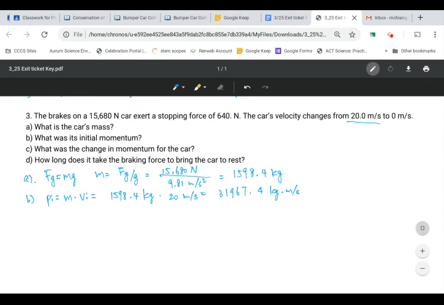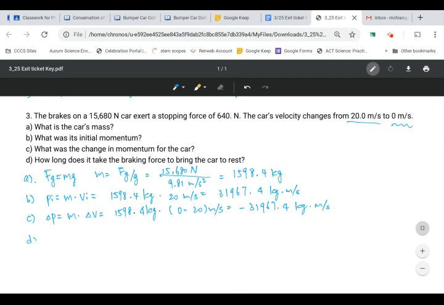What was the change in momentum for the car? C. The change in momentum, so delta p, is mass times delta v, which is 1598.4 kilograms times, okay, it's v final. v final is 0. Subtract v initial. So it's 0 minus 20 meters per second. So it's the same answer as earlier, but it's negative 31,967.4 kilogram meters per second.